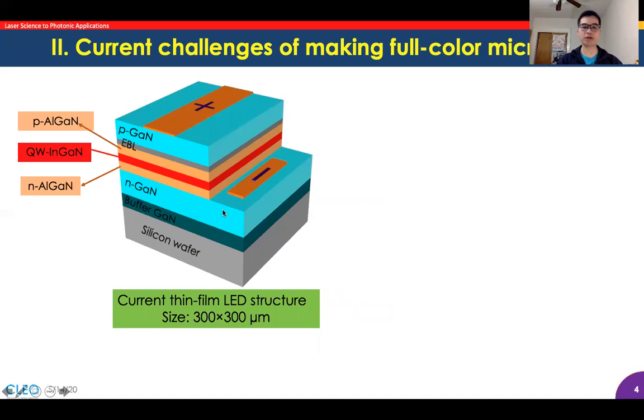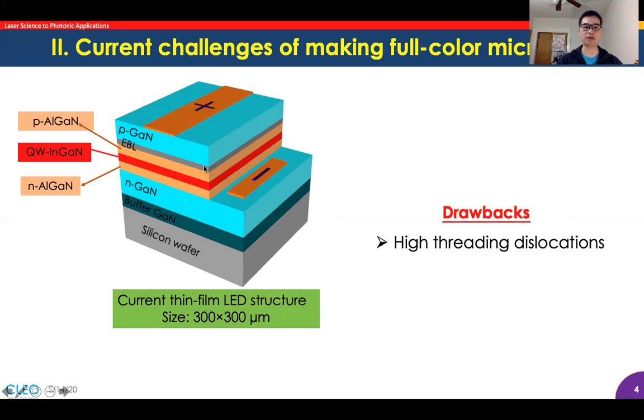However, this structure turned out to have some problems. Due to the difference in lattice constant and thermal coefficient between gallium nitride and silicon, the structure has a very high threading dislocation density.